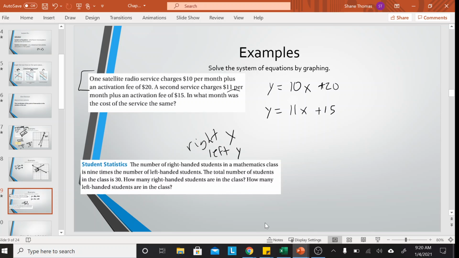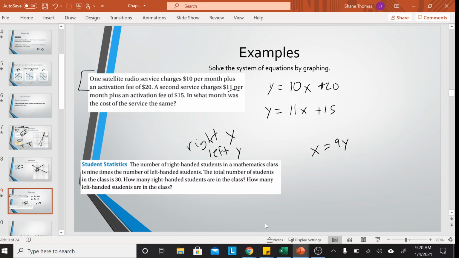So if I have my right-handed, what do I have to do to the other one? What's the equation? Okay. X equals 9 times Y, right? So I have to multiply my Y times 9 to make it be equal.